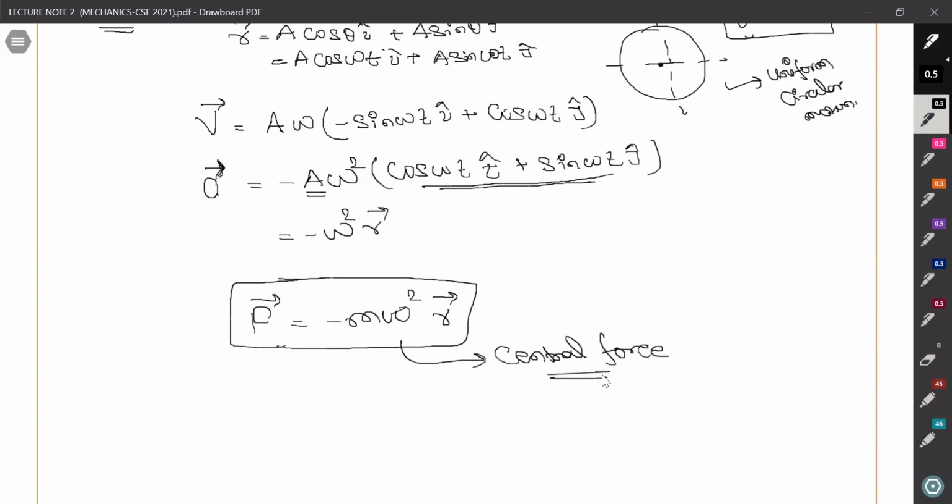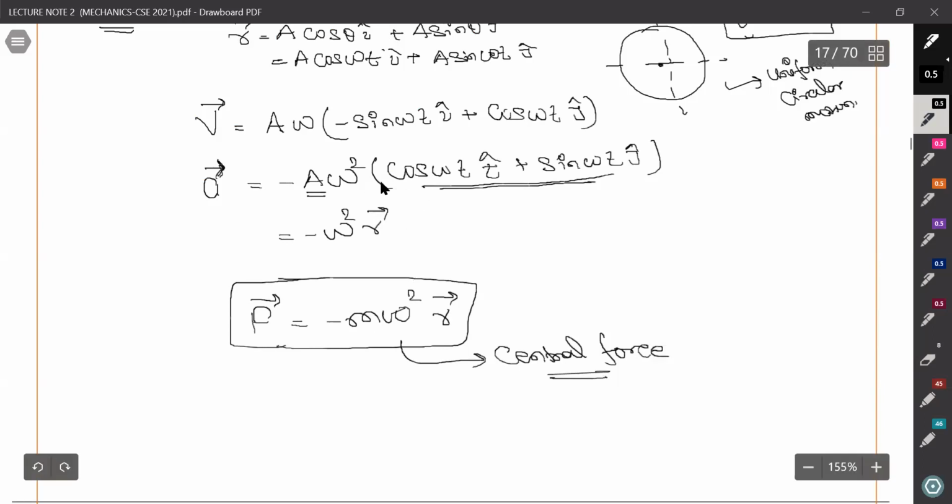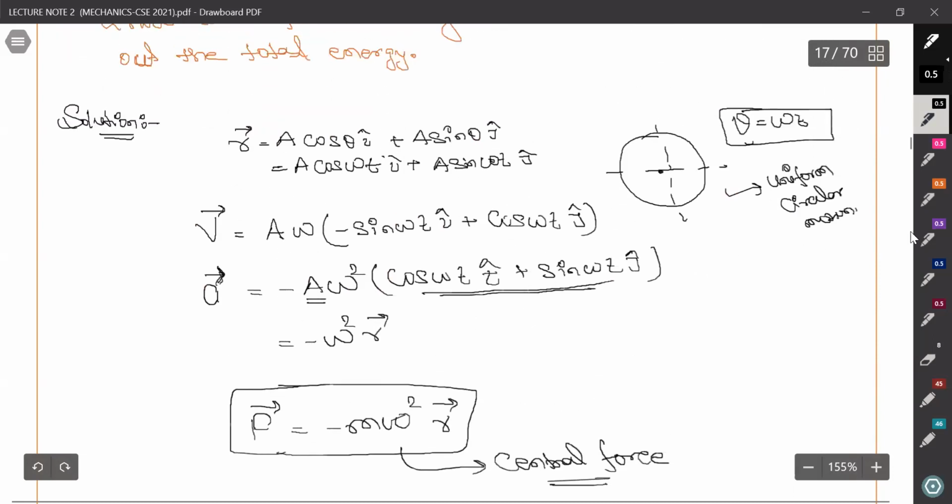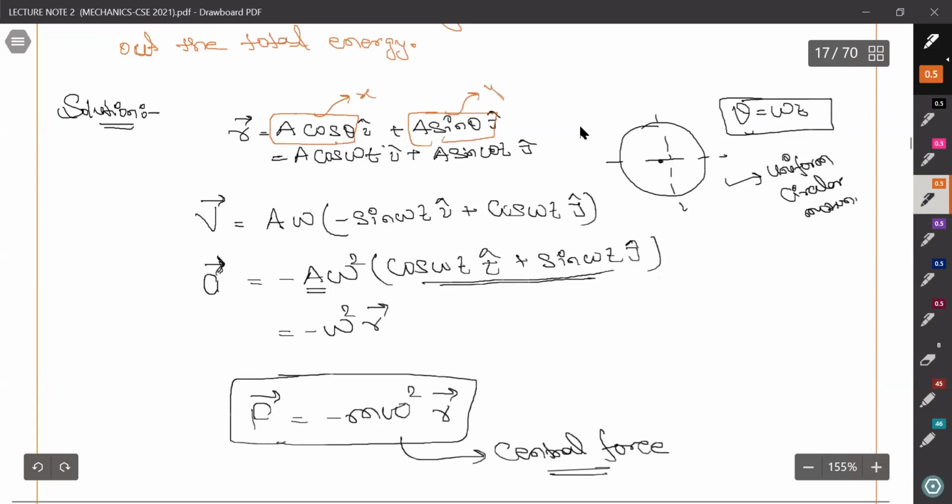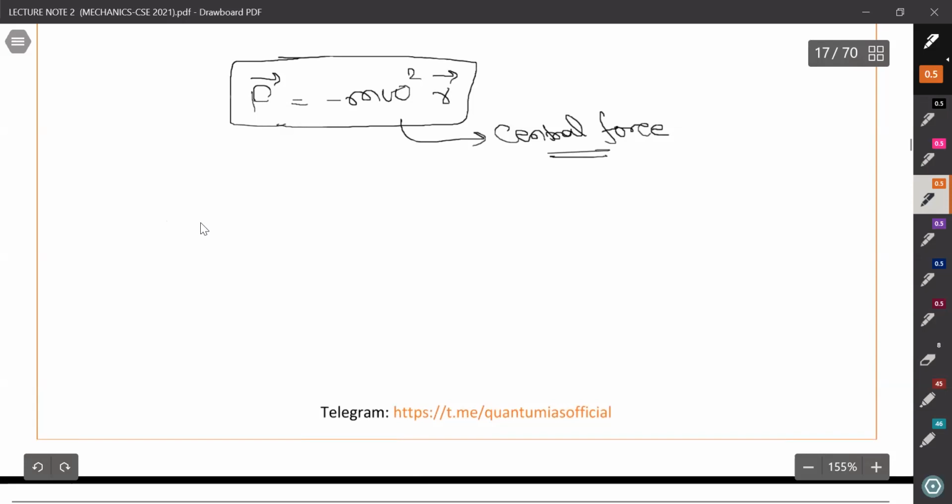Also, we can show that, treat this as x and this as the y coordinate. Keep it as x and y. Then what we need to show is that the curl of the force equals 0. So what can we write?